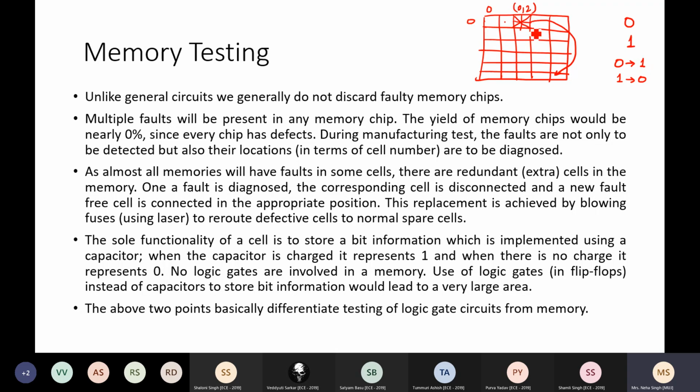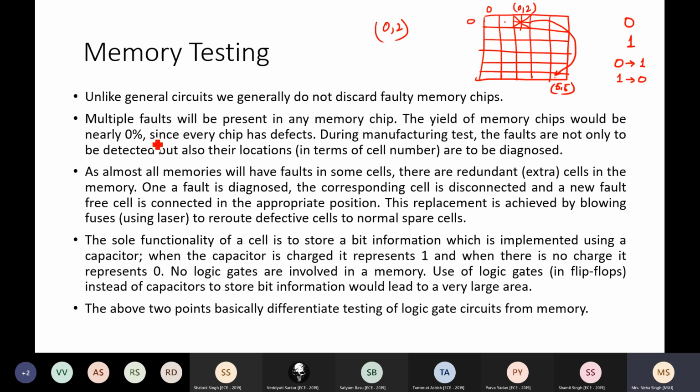So what I will do is I will rewire the structure such that if I have an input address of 02, instead of moving to this location, it will move to this location. Right? This would be 5, 5. This is an extra memory location which is rewired to 02. कि अगर ये fault में है तो कोई बात नहीं, the address will be redirected to a good memory location. That is basically what we do in the case of memory test faults.